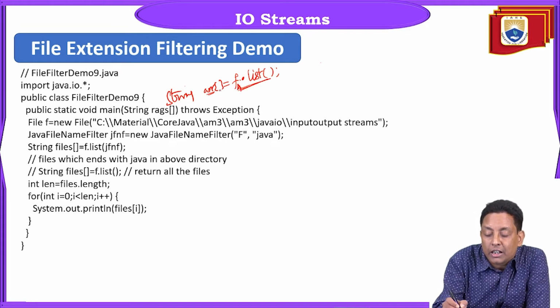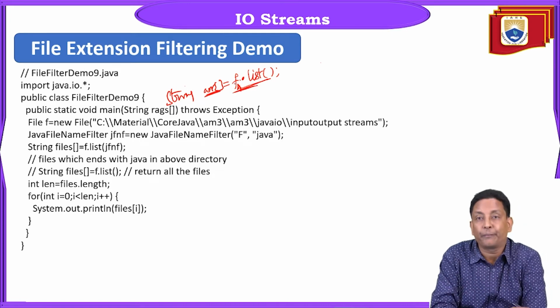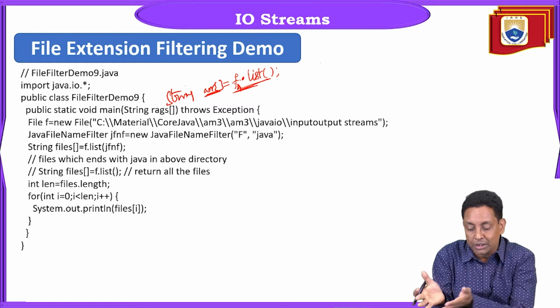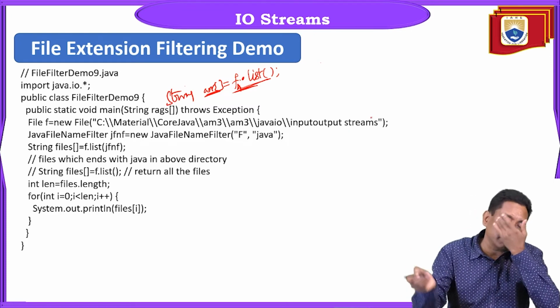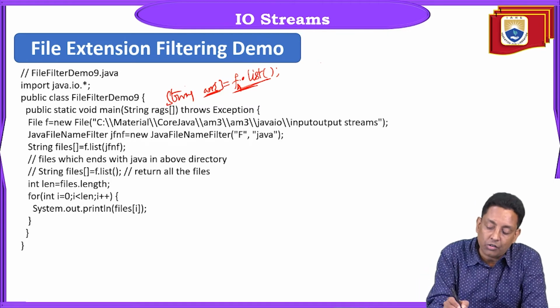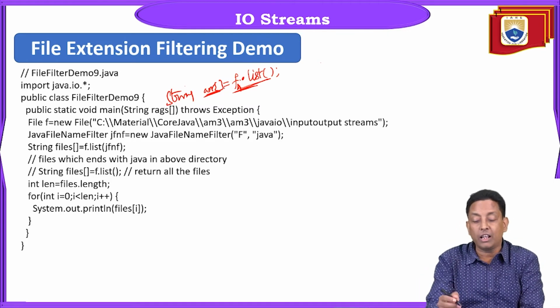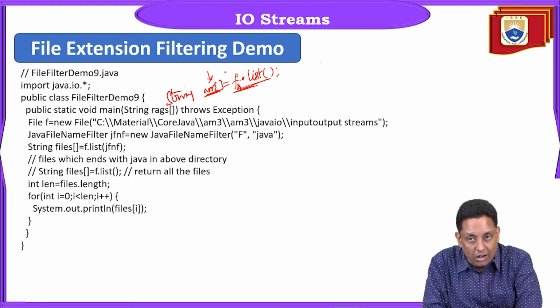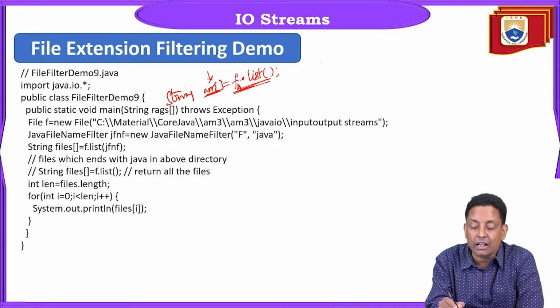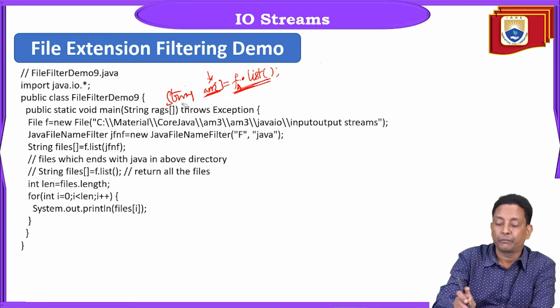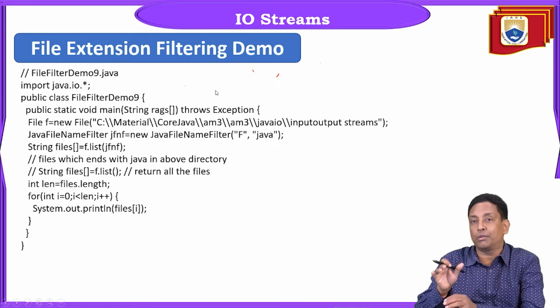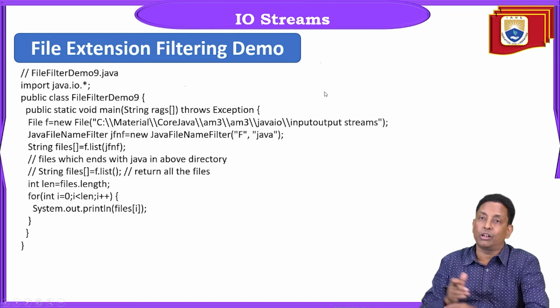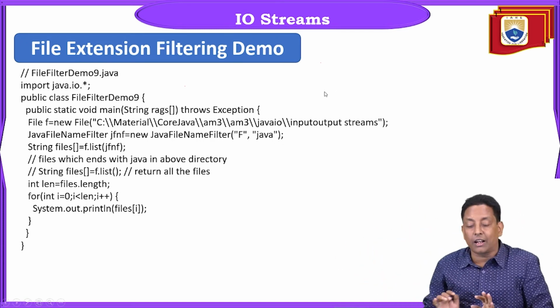Because the file object is pointing to some directory, if any directories and files are available in it, they will all be written into the array. So that is the list method with no argument. If you call the list method with no argument, you will get all the files and directories that exist in the directory.